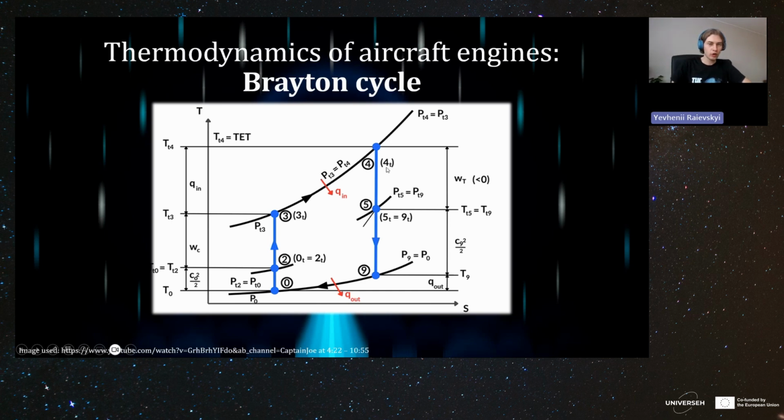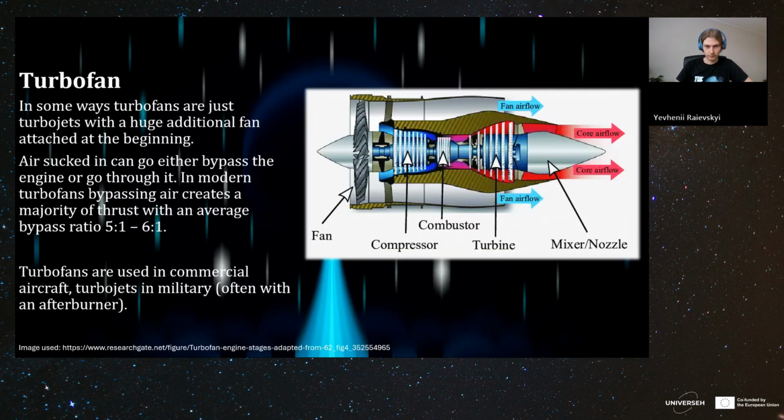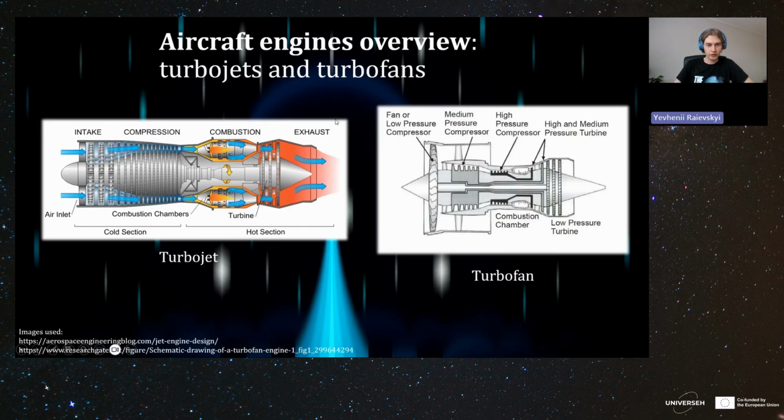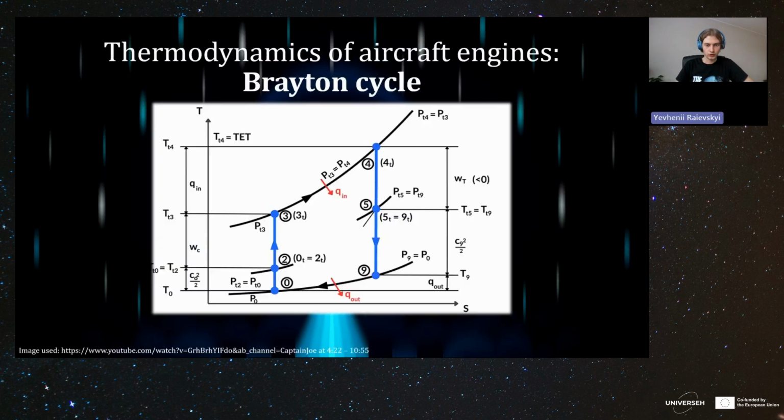If there are no losses in transferring energy from the turbine through this shaft to the compressor blades, the temperature difference must be the same. But of course, it's not true. In reality, this is an idealized version of it.